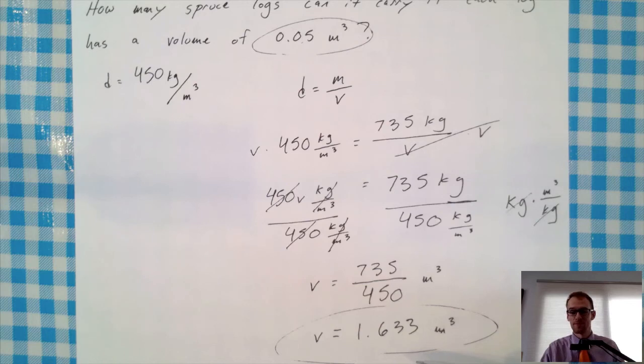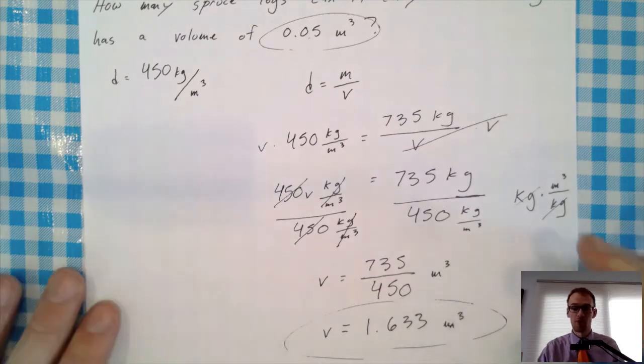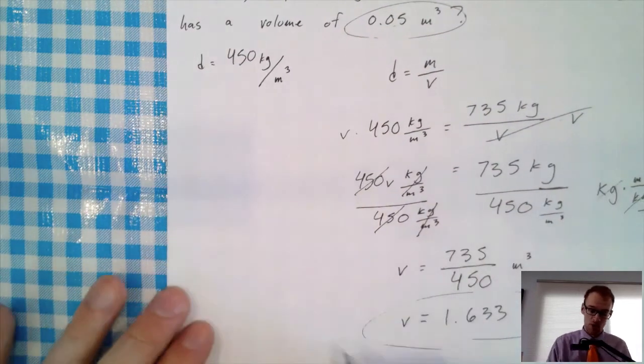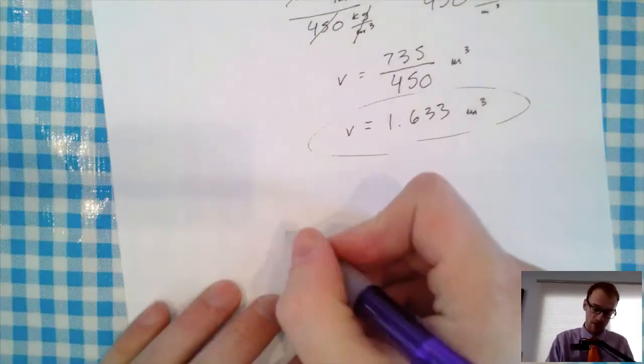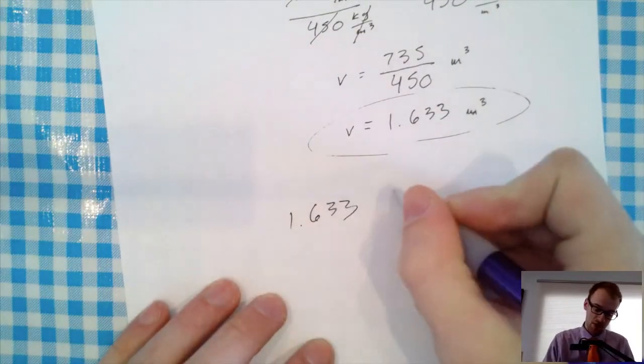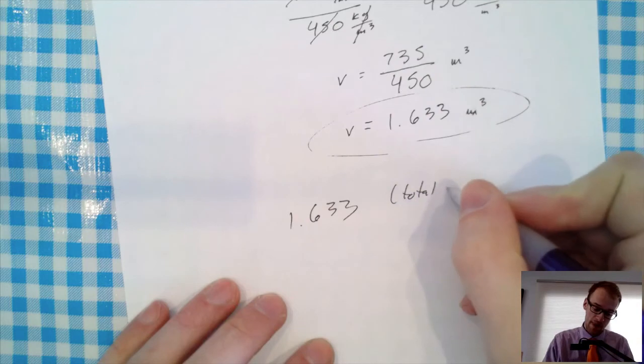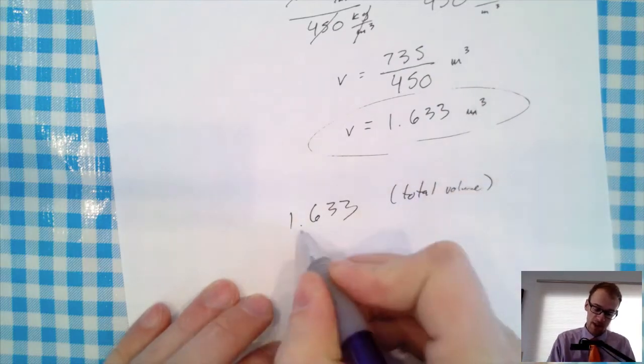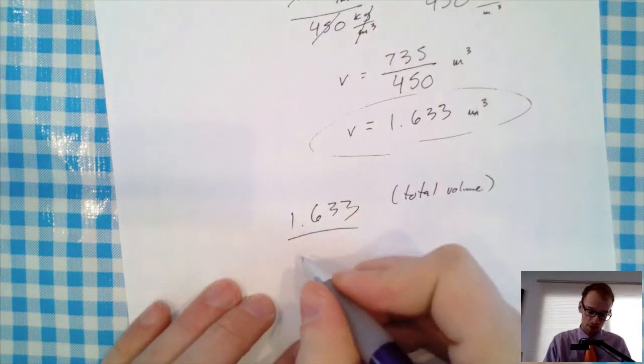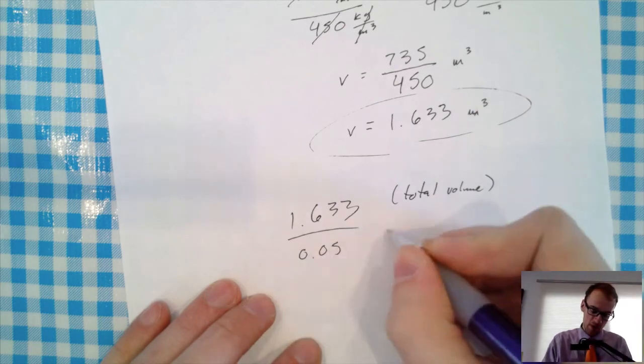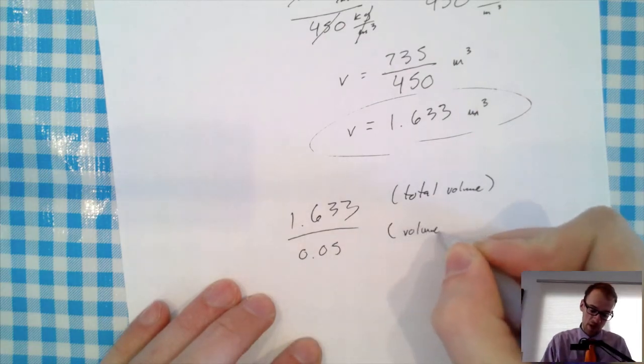That's division. Okay, so the total volume that my truck can hold is 1.633, which is total volume, divided by 0.05, which is the volume of 1 log.